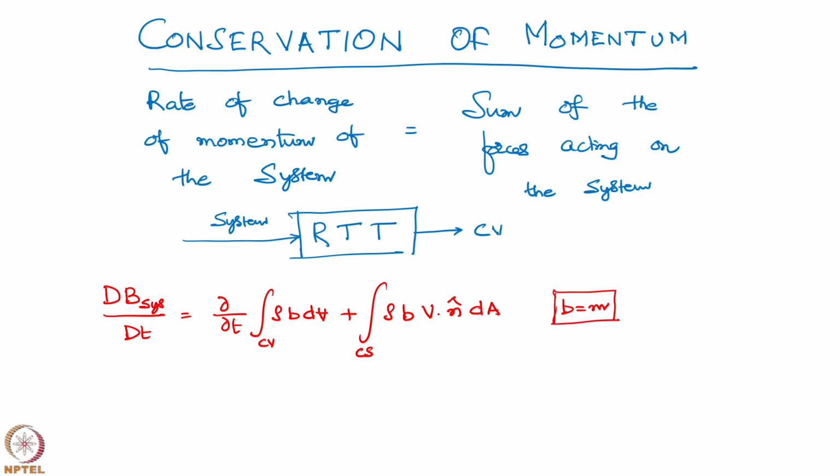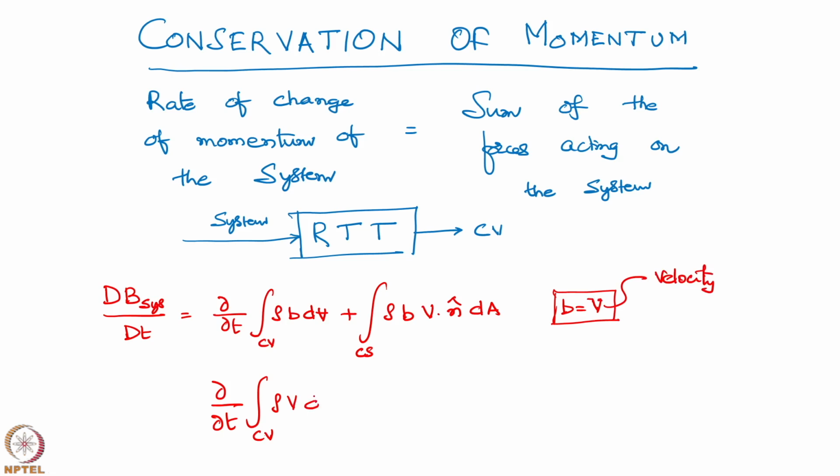If you put that, what I get is dou by dou t of rho V dV, sorry, not m, this is V, velocity.